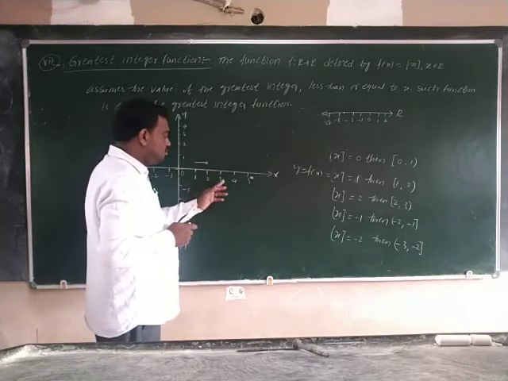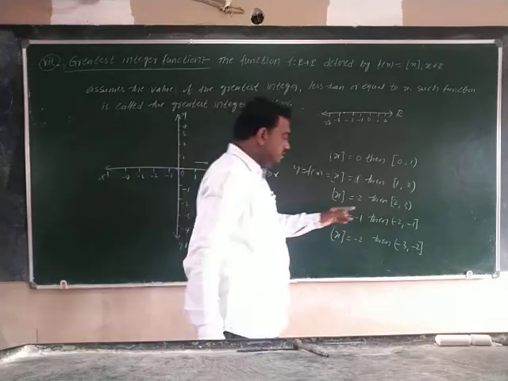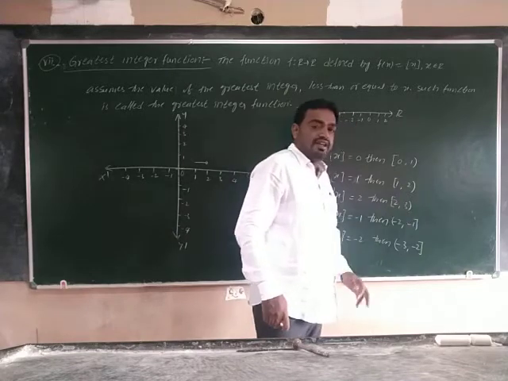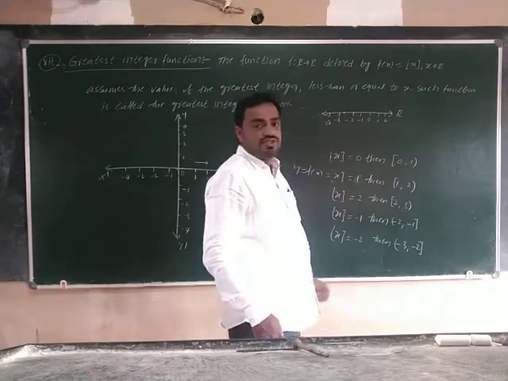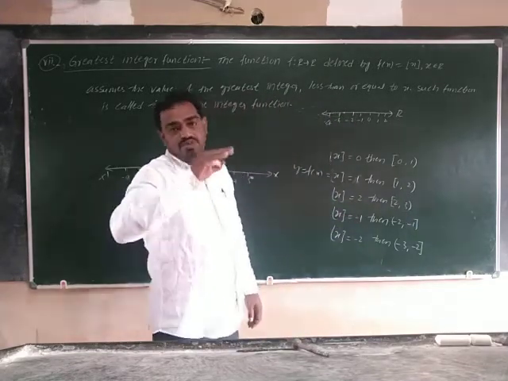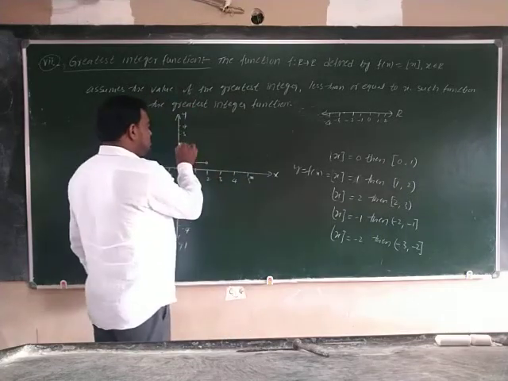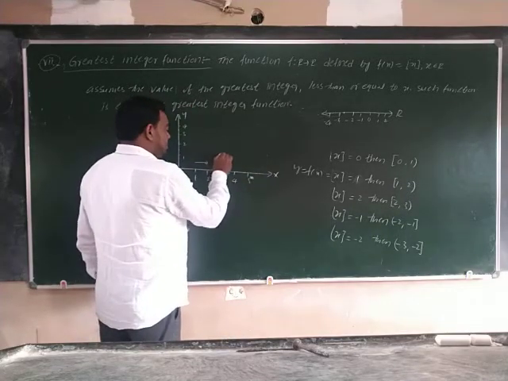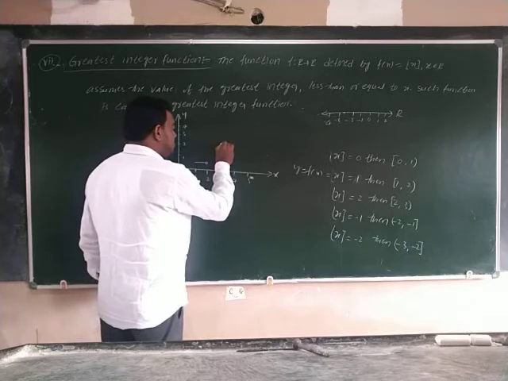Okay. Now 2 to 3, you see. Including 2 and excluding 3, the y value is equal to 2. y equal to 2 is again parallel to the x-axis. So this is y equal to 2. But here 3 is excluded.